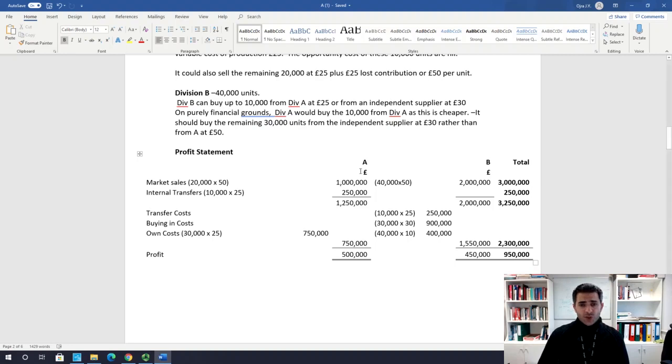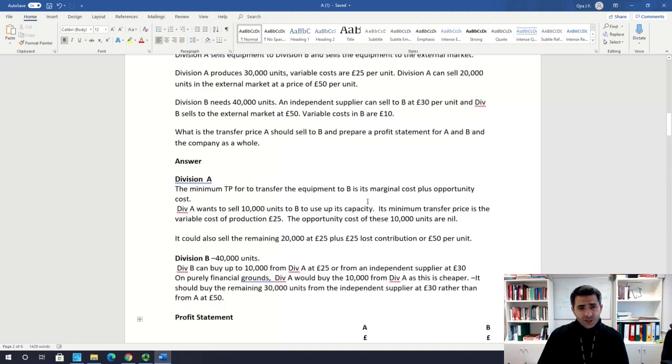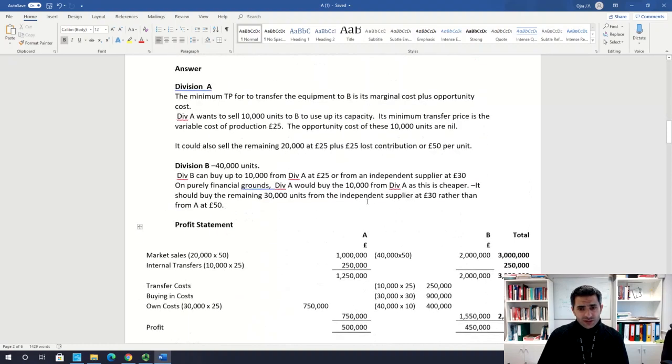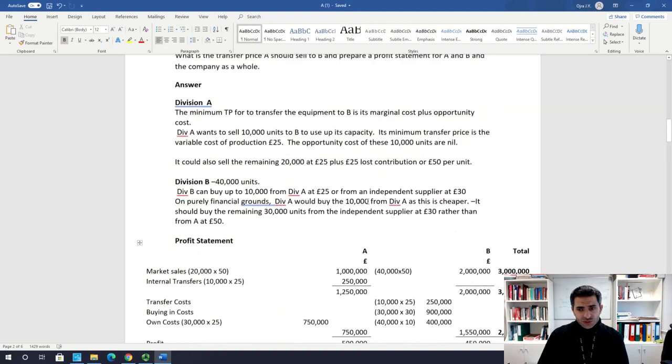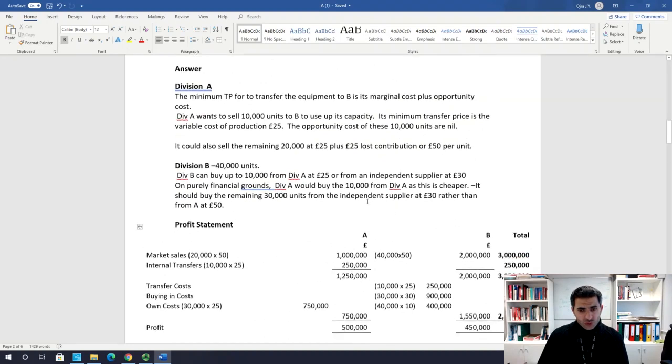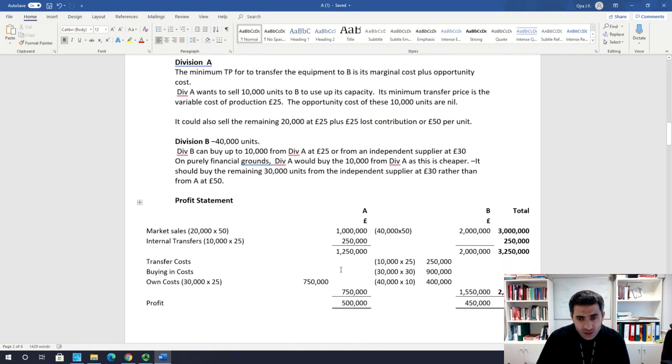So as you see, when it comes to division A, they sold 40,000 units... sorry, not 40.